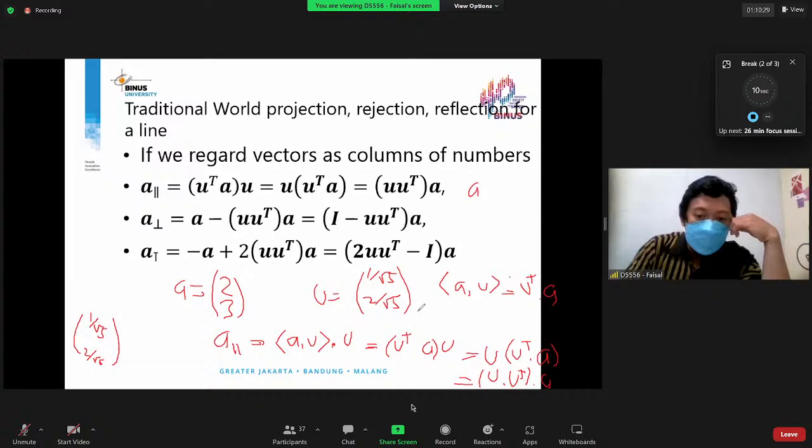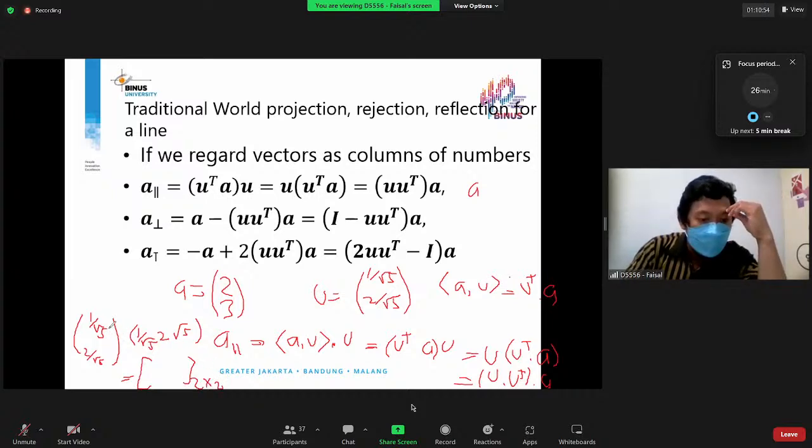Then U transpose is a row vector, 1 over square root 5, 2 over square root 5. What is the size of this multiplication? The size is 2 by 2.